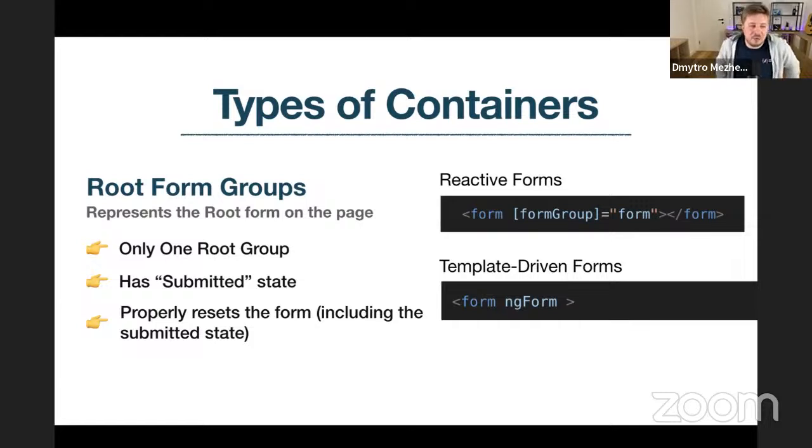There can be only one root group because it represents the whole form. Those directives know about the submission state, so they have a property submitted, which might be true or false. And those directives also provide you the way to properly reset your forms. About resetting in a few minutes.